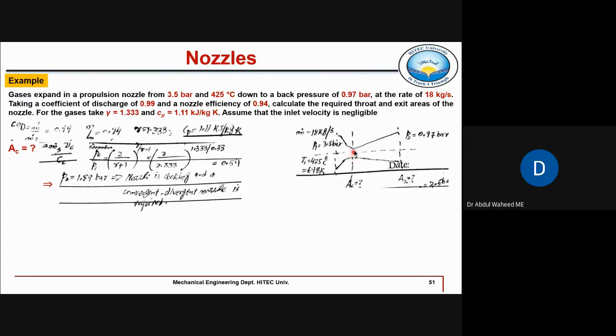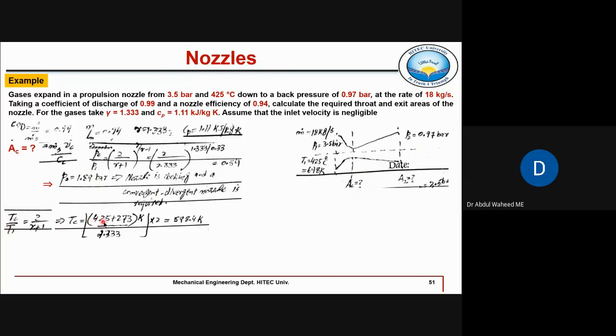Because the area at the throat is less than the area at exit. It is a choking nozzle, because pressure is higher at the throat and will further drop in the divergent section till 0.97. Okay, so PC is 1.89 bars. Now we can find TC over T1 equals 2 over gamma plus 1. From here we can find TC.